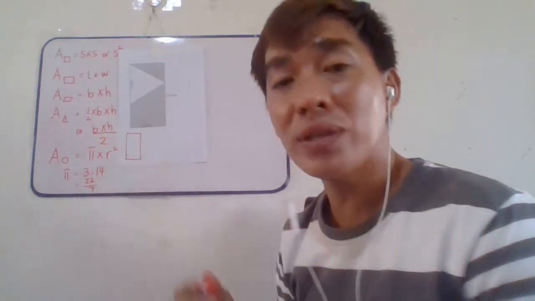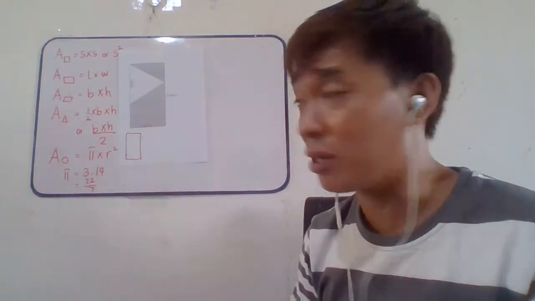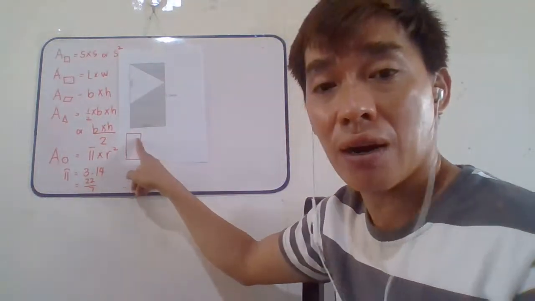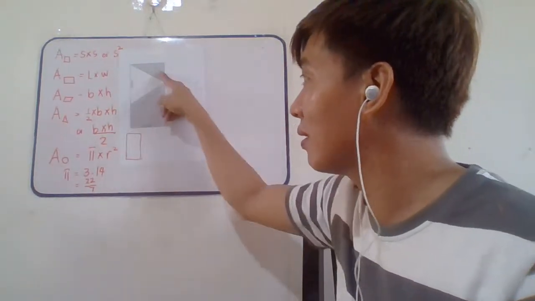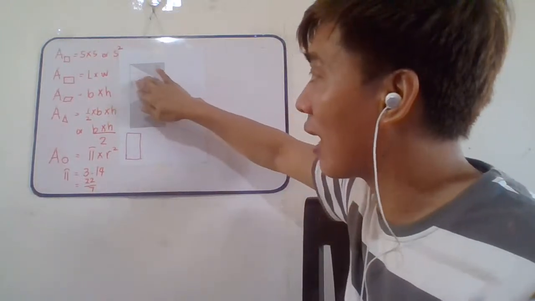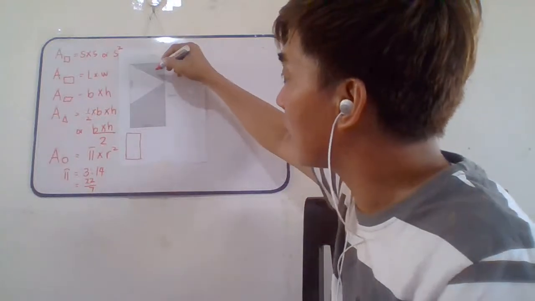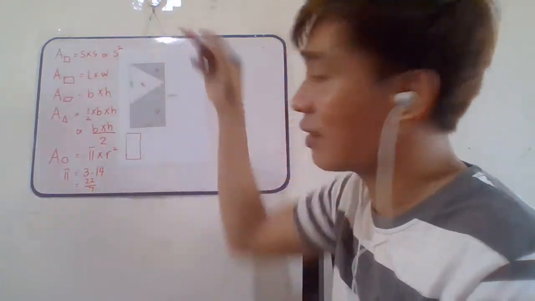And of course, you are only asked to get the shaded region. When you say shaded region, if we get the area of the whole rectangle, it includes the triangle. However, we only want the shaded portion, only this portion, and not this one.